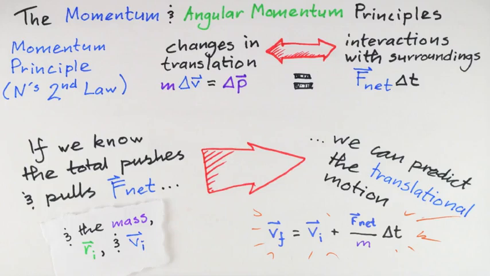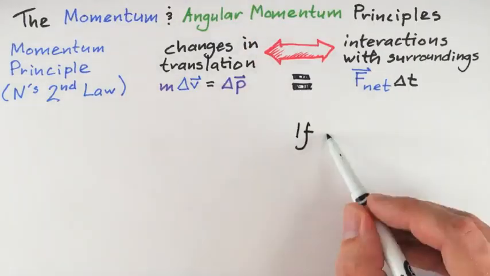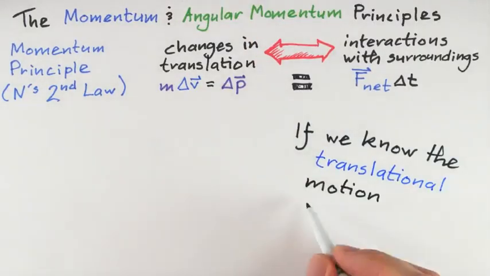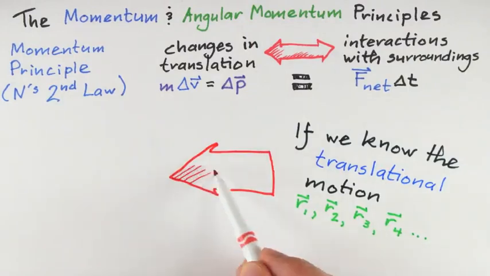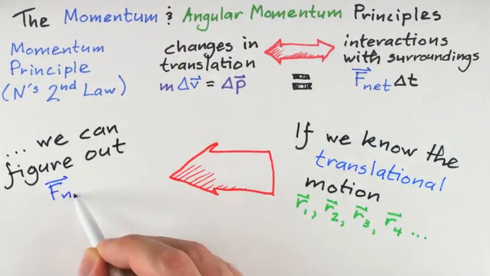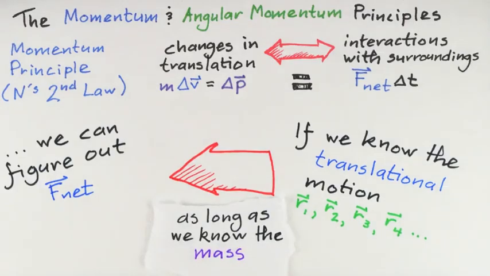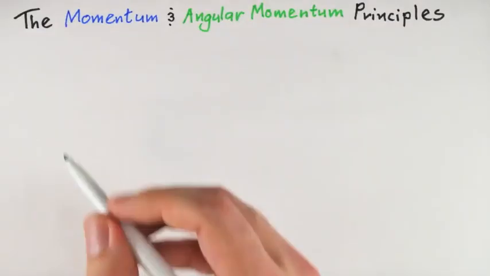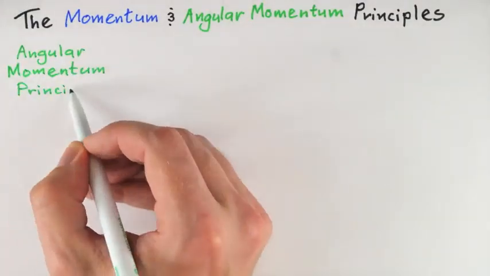Or, as we have also seen, if we're able to observe and measure the motion in a way that allows us to describe how the motion changes, then we can use our momentum principle to determine the net force acting on the system.